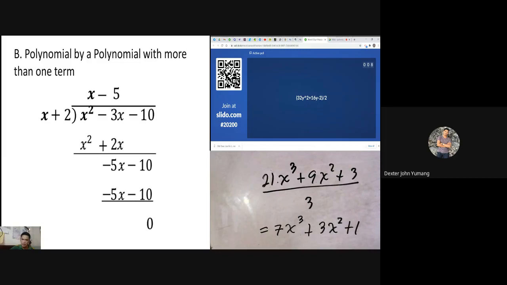That is only 5 minutes. Open slido.com, then you type the code 20200. Nakapasok bang lahat?